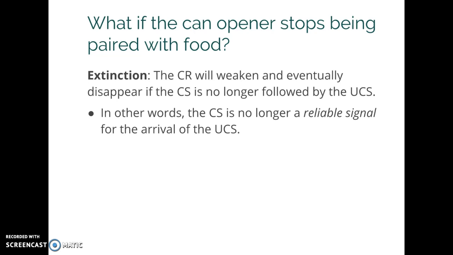And this is going to happen if the conditioned stimulus is no longer a reliable signal. So for example, let's say you have a kid who doesn't have a ton of experience with dogs, and one day a dog growls at them or jumps on them or does something scary. So that kid might develop a conditioned response. They might be afraid of dogs.